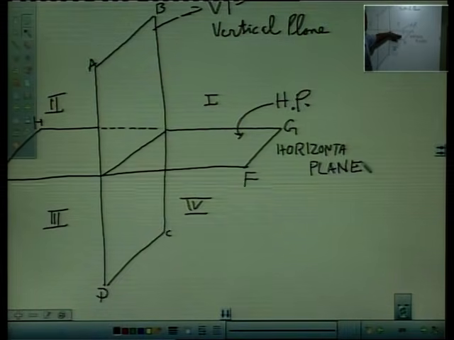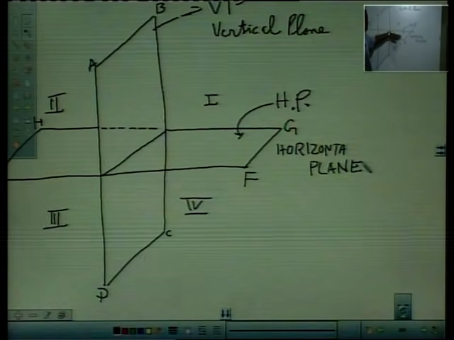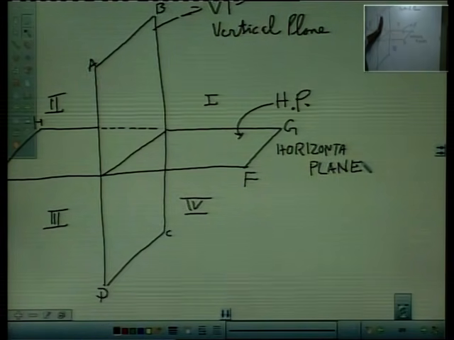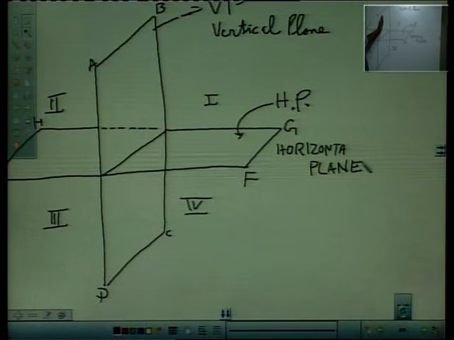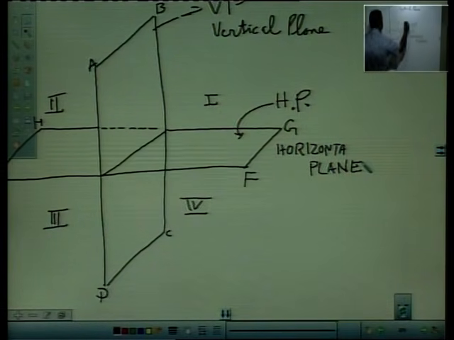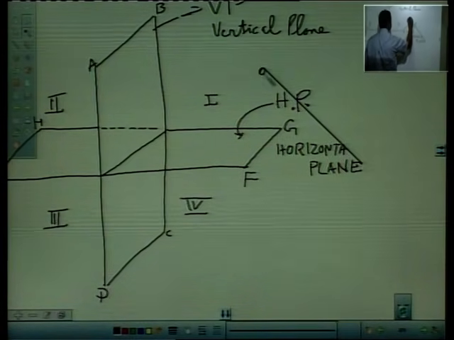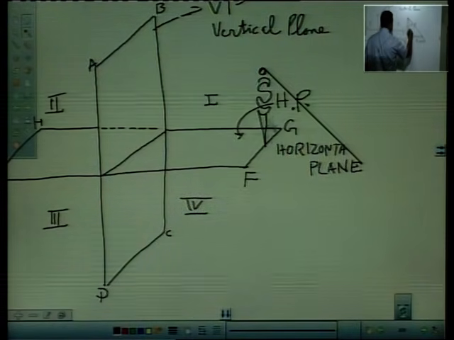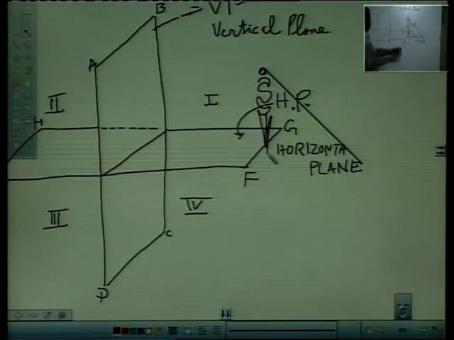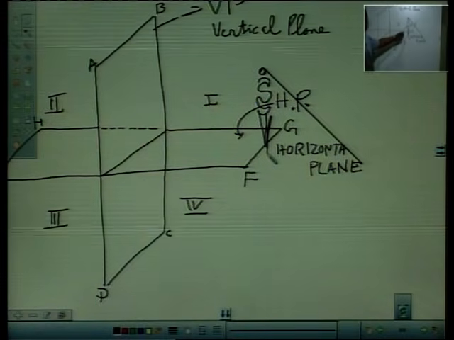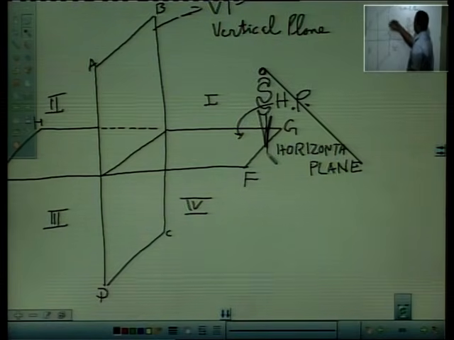So this represents the first quadrant, and this is the horizontal plane of the first quadrant and this is the vertical plane of the first quadrant. So whenever there is a problem of projection of points, you should imagine yourself standing here. The person is always standing in the first quadrant facing the vertical plane.